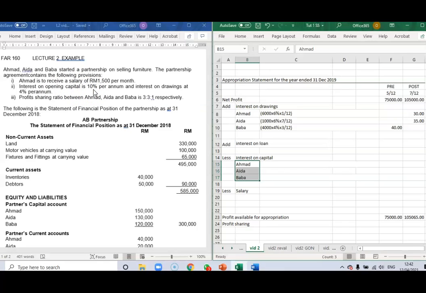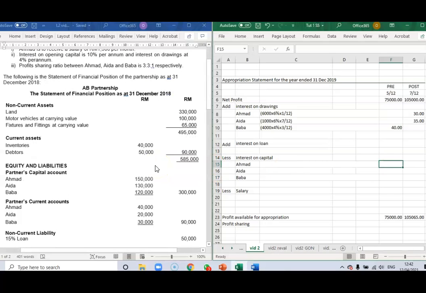So Ahmad, Aida, and Baba will receive interest on capital using the old agreement. So only in the pre column. And it says here 10% on opening balance. So Ahmad has 150,000.